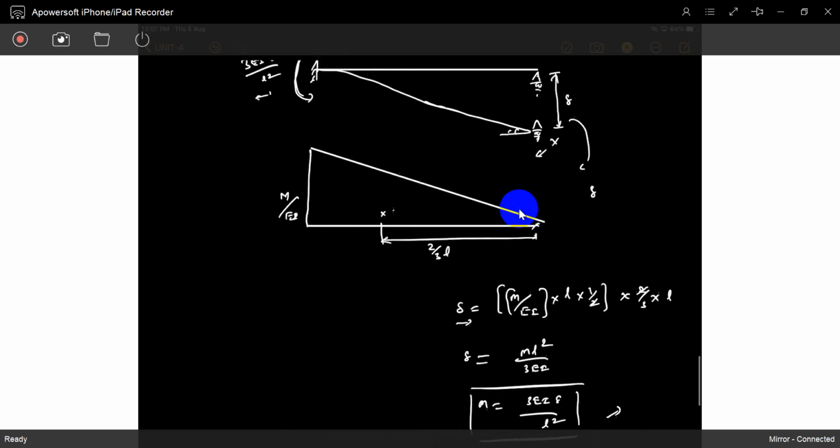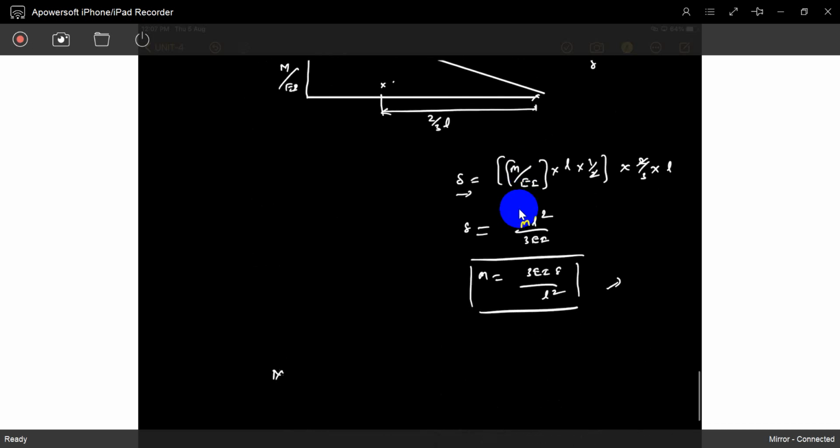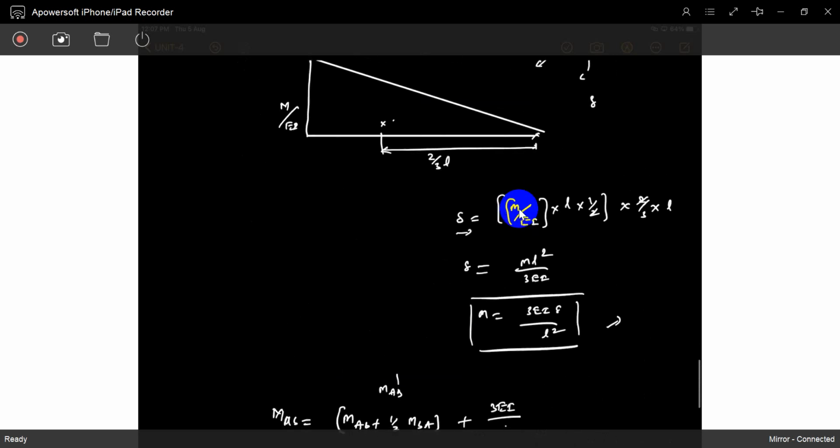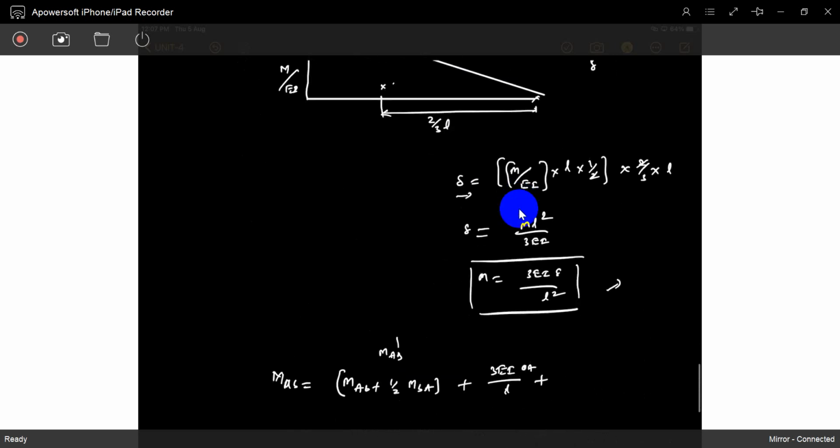So sum it, and you will get MAB dash, which is MAB plus half of MBA, the modified fixed end moment, plus 3EI theta A by L plus 3EI delta by L square.